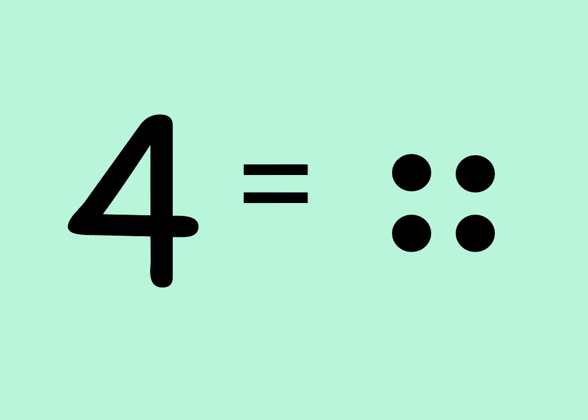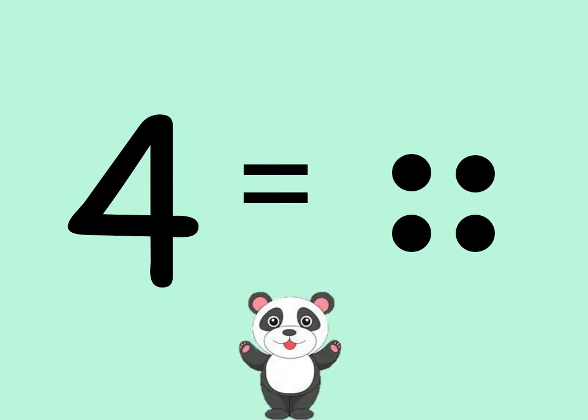We have the number 4 and we have the value of 4, the 1, 2, 3, 4 dots. You already know this, but I'm going to use this as an example when we start doing place value. Panda's very excited.